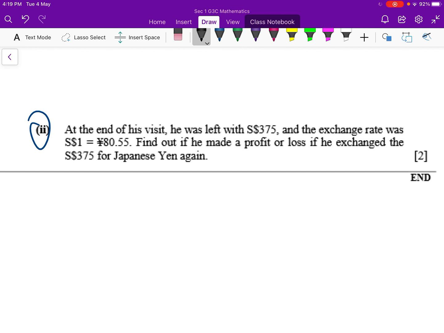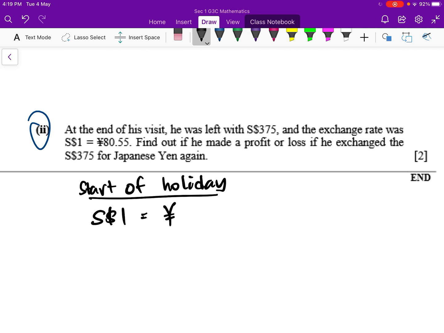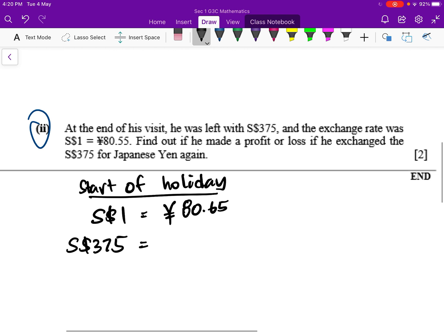So our 375 Sing dollars will be equivalent to, do your calculation, 80.65 over 1 times 375.